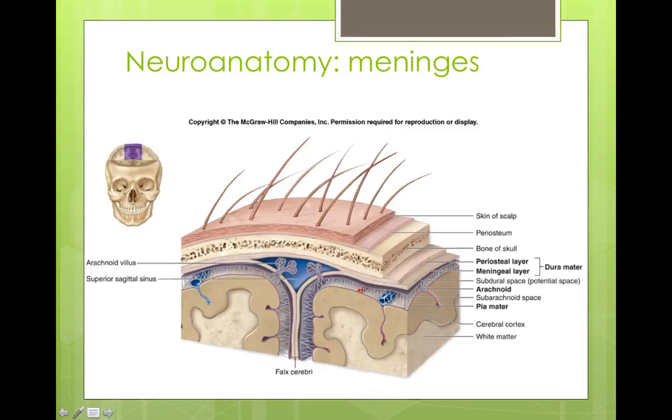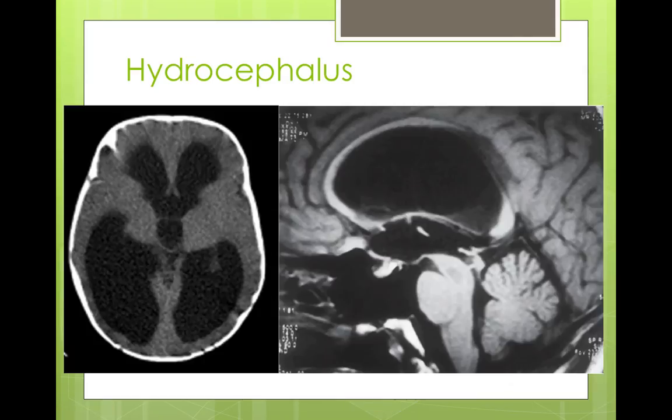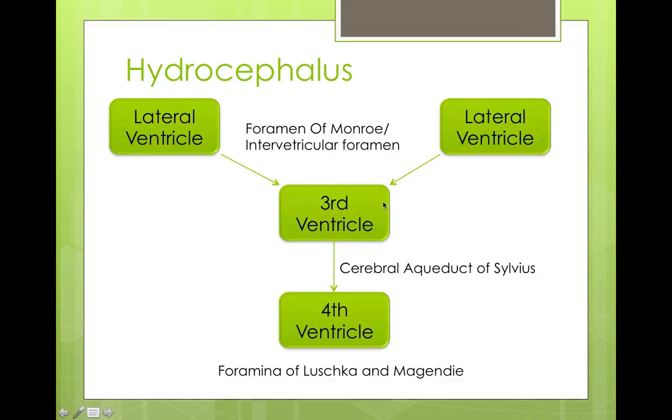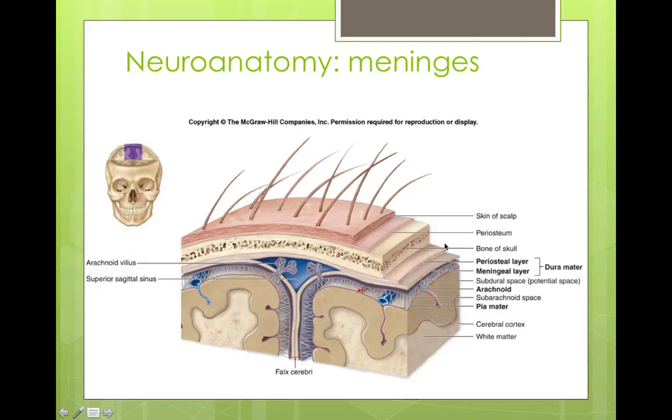And the subarachnoid space is an actual real space, which is filled with the CSF, cerebrospinal fluid. It circulates there, and then goes to the venous system and so on.